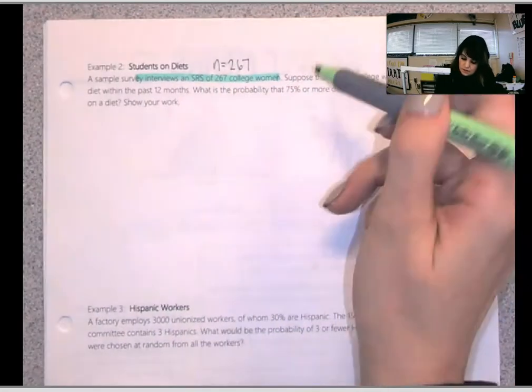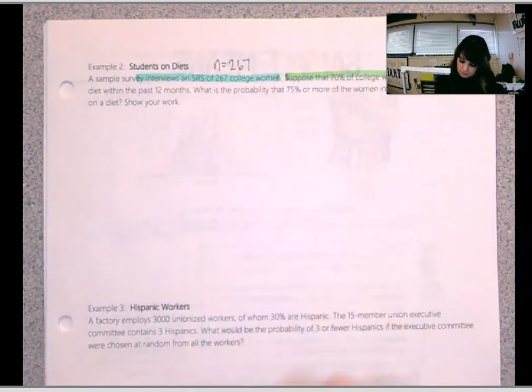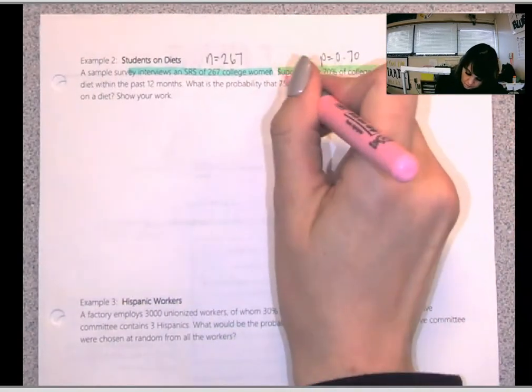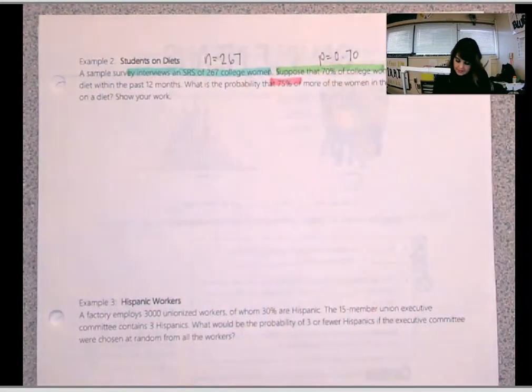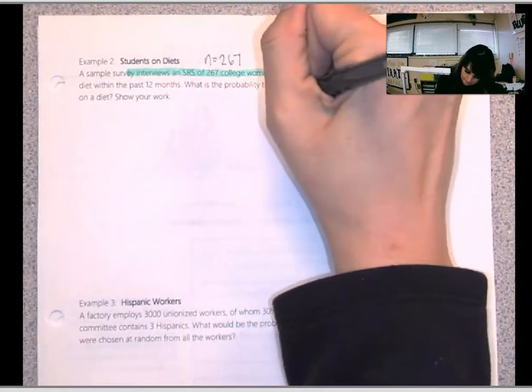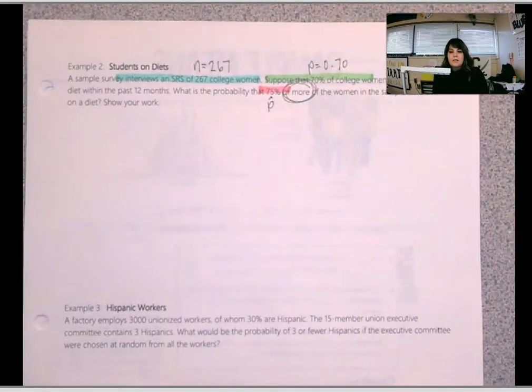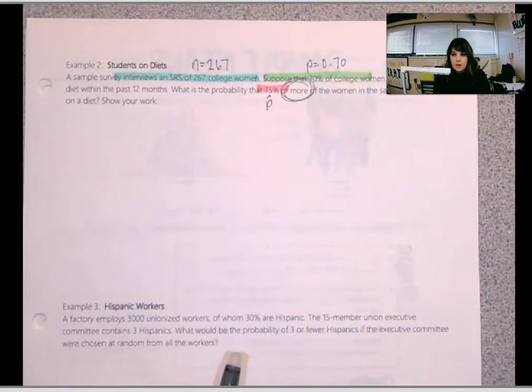This is p. What is the probability that 75%, that is p hat, or more? I'm circling that because that's going to give us the direction of the inequality we need to write.